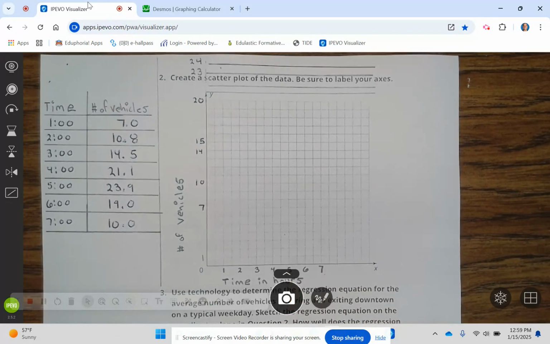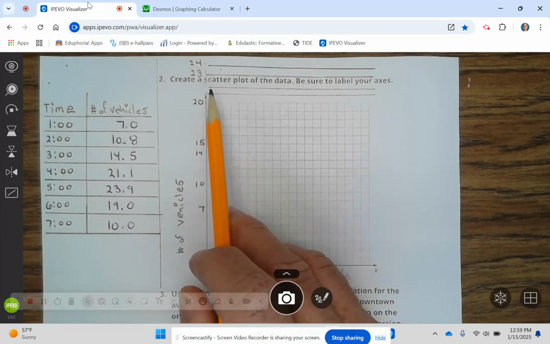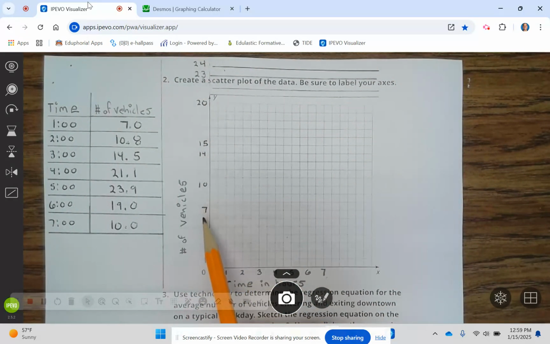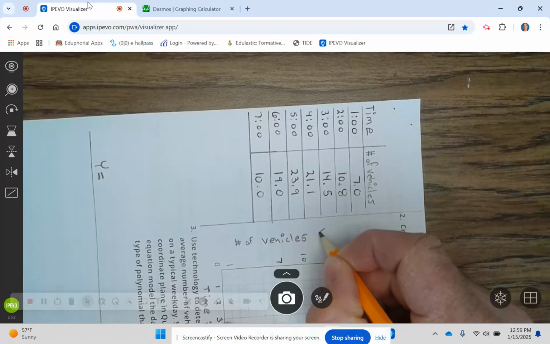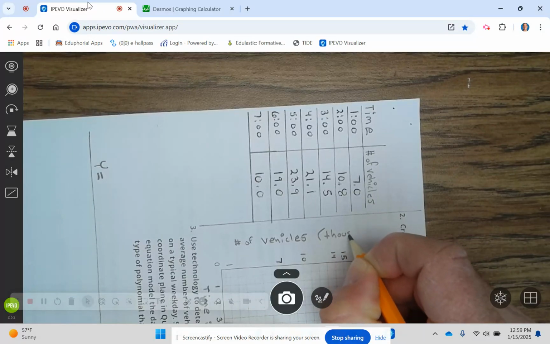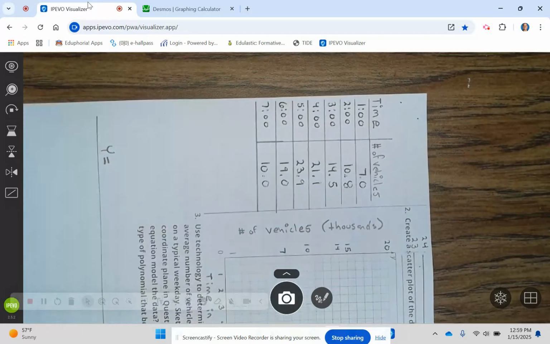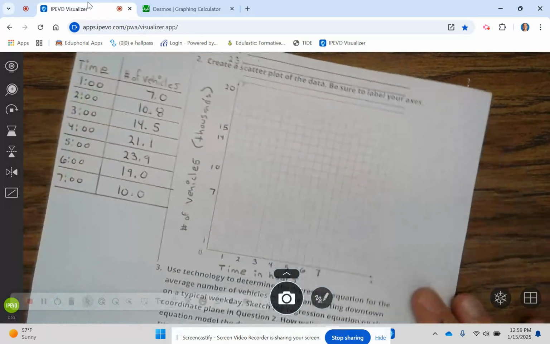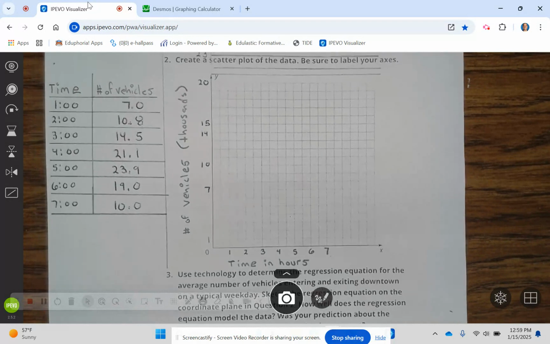And I've also labeled the number of vehicles 1 to 24, and I've had to add a couple lines. Now remember, these are increments of 1,000. So this is the number of vehicles in thousands. So when we say 1 vehicle, we actually mean 1,000. Okay, let's go ahead and graph these points.